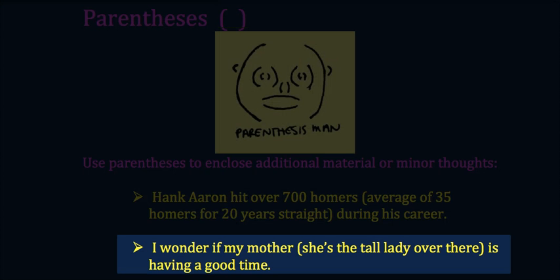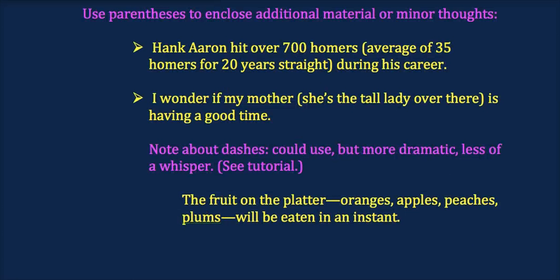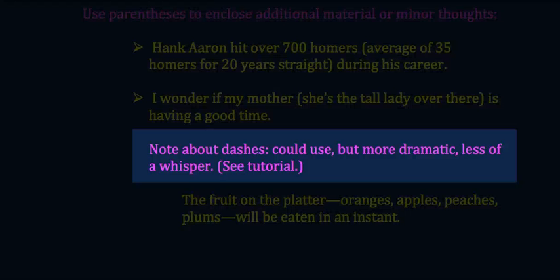I wonder if my mother (she's the tall lady over there) is having a good time. Now, these are pretty similar to dashes, which you could use here, but dashes are much more dramatic, less of a whisper than you get implied with parentheses. Again, I have a whole tutorial on dashes, so I'm not going to say much about them here, other than they're very closely related to parentheses.